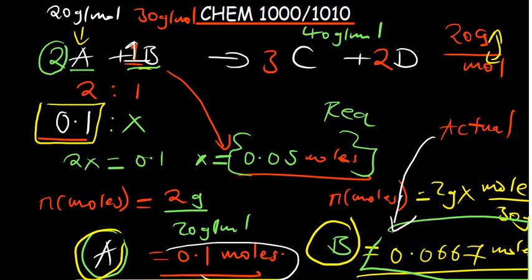So we crossed and multiplied there. We had the 2 multiplying the x, giving us 2x. Then on the other side 0.1 by 1, which just gave us 0.1.